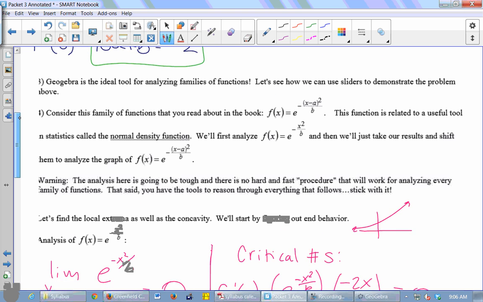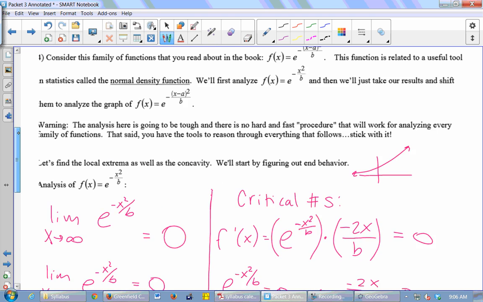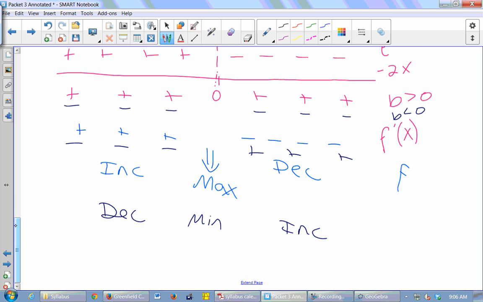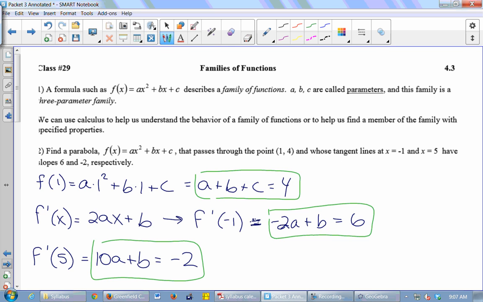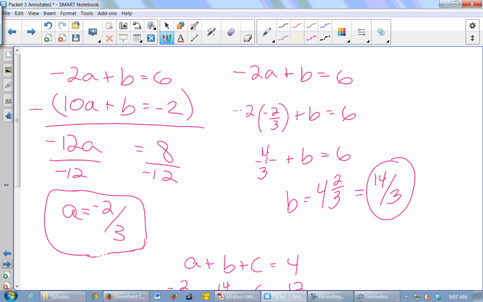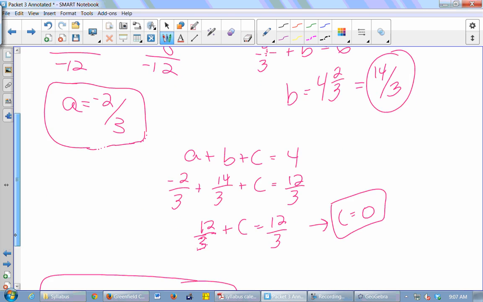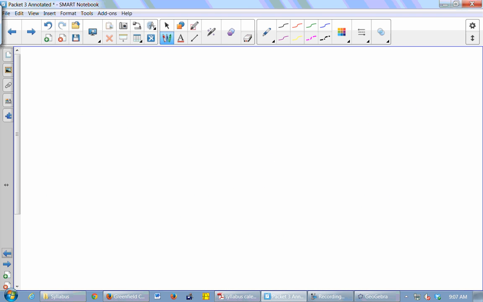Do they tell me anything about b? Nope. It does? Okay, good, because that's what the normal density function looks like. It says a max. Okay, so we still have to analyze the concavity of this function.